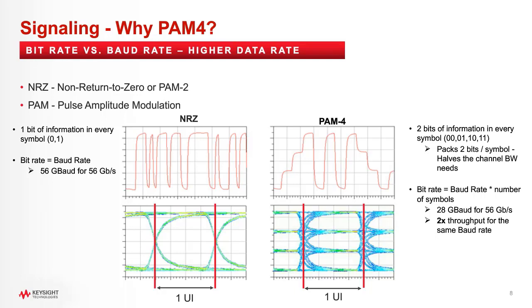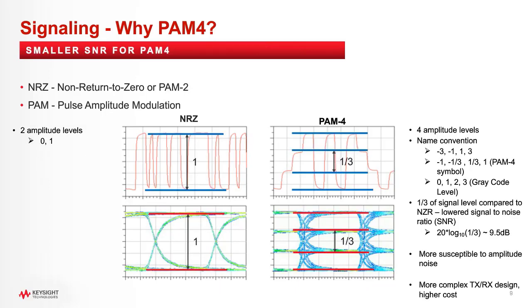This is the primary benefit of PAM4 since it can double up the speed using the same channel. As seen from the waveform plots in this slide, PAM4 has 4 levels, whereas NRZ has only 2 levels, low and high.